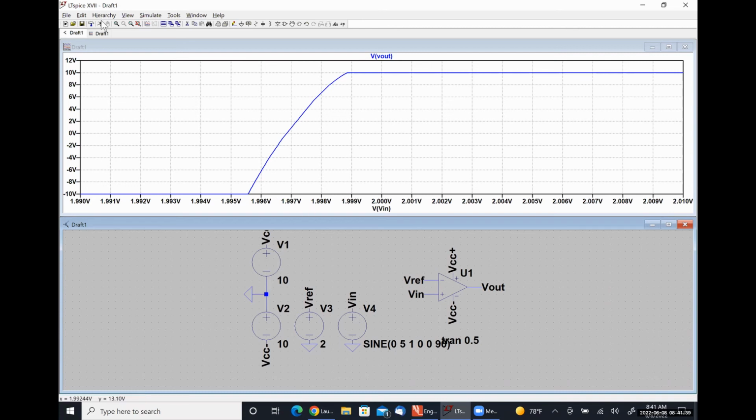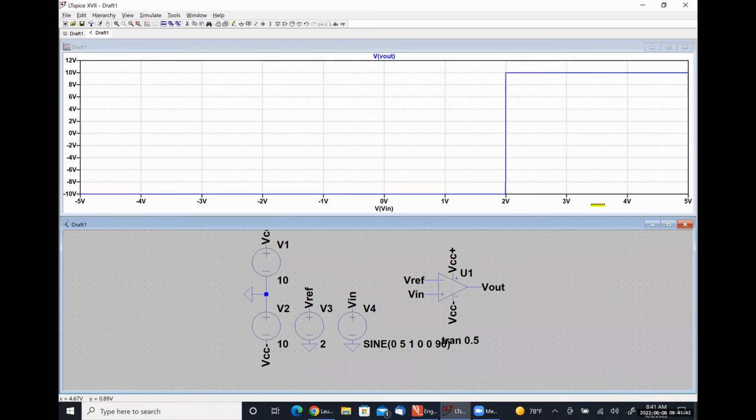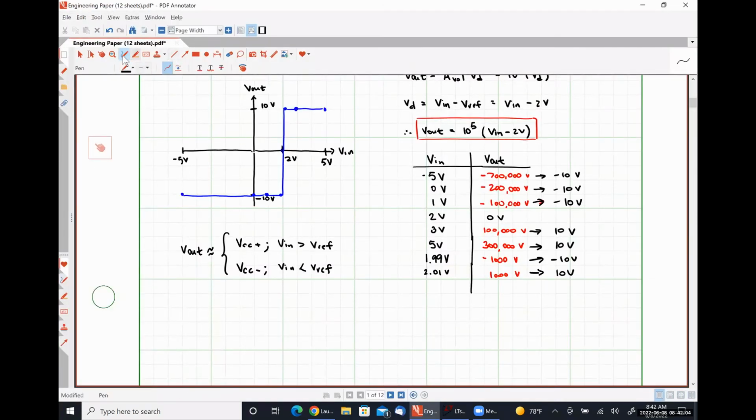When we zoom out to our original settings though, we see this near vertical transition, okay? So the linear range for this open loop op-amp circuit is so small that it looks like an instantaneous change from VCC minus to VCC plus, which pretty much exactly matches our model that we have developed, which I'll circle right here.